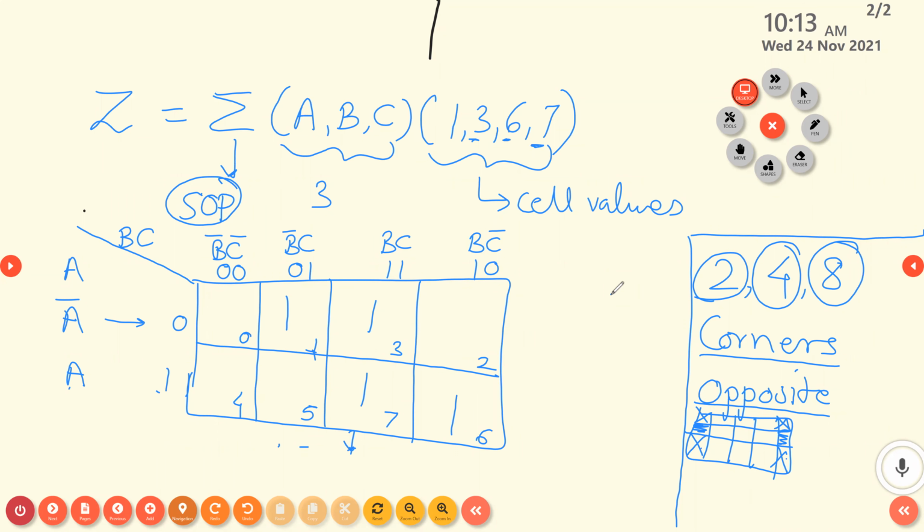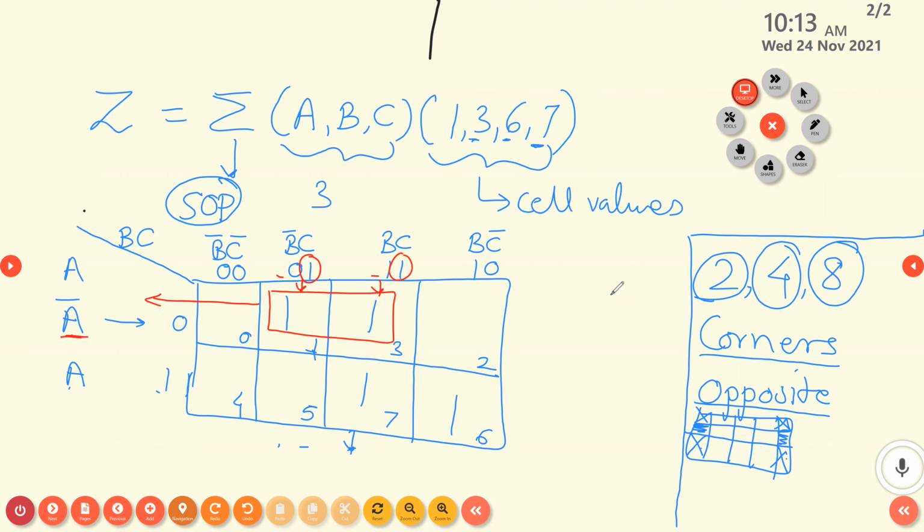Now in our case, suppose I am making this group. All students please listen carefully. Suppose this is my first group. Row wise, what is the value? A bar. Here it consists of 2 columns, B variable is changing but C is constant, so consider only the constant value.